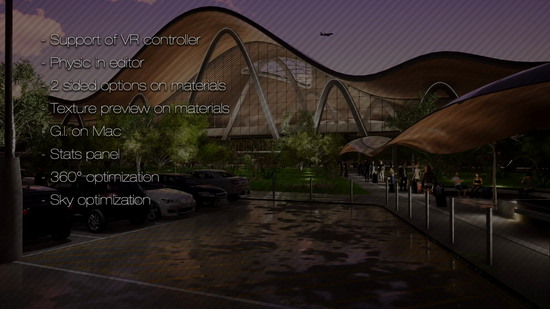And then we have made a huge optimization pass on the 360 export, for both the panorama and the 360 video. And also some optimization on the sky, especially for the real time, so for when you are working in Twinmotion or when you are in the VR mode. We have made a lot of optimization regarding this.